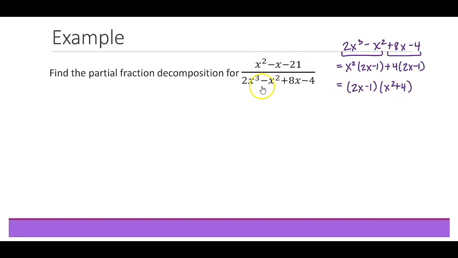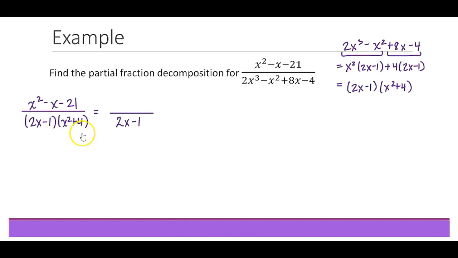So my original rational function would look like x squared minus x minus 21 over this linear term, 2x minus 1, times this irreducible quadratic, x squared plus 4. So to set up our partial fraction decomposition, what we need to know is that the linear factor in the denominator gets a generic constant on top.